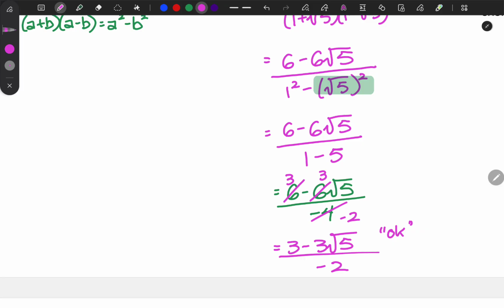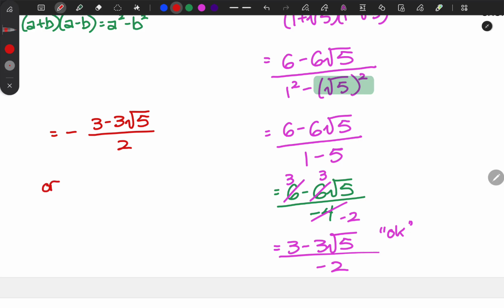The only thing you notice there is we have a negative sign in the denominator. There's nothing wrong with that, but you won't notice a lot of answers formatted in that way. One of two things will happen. The first one is that we will put the negative sign in front and then have 3 minus 3 root 5 over positive 2.